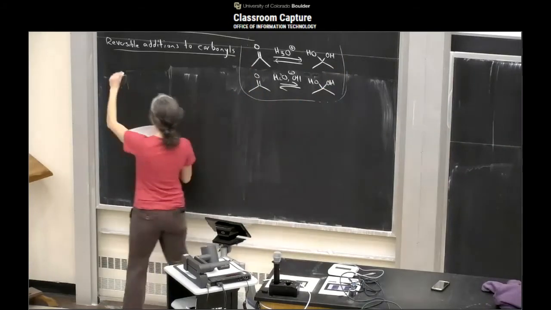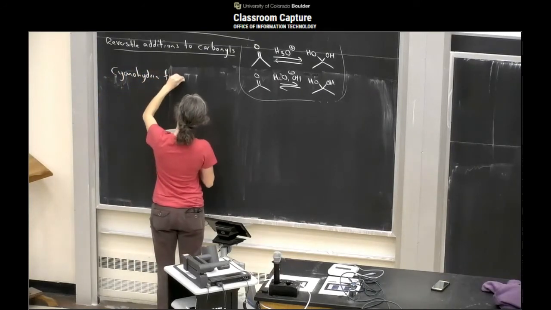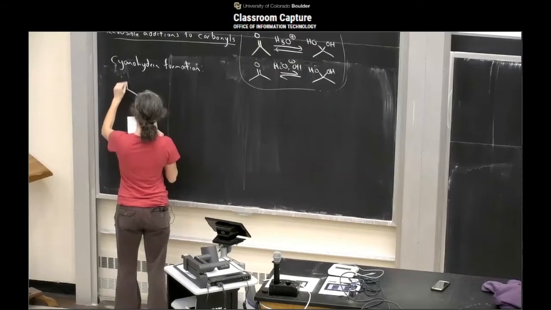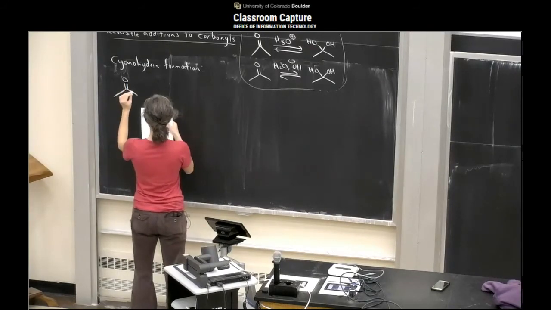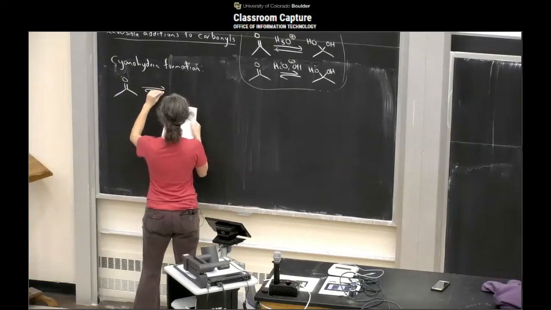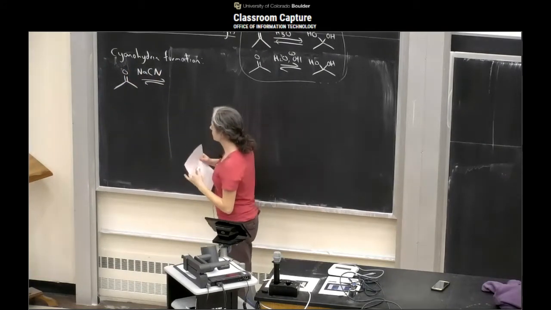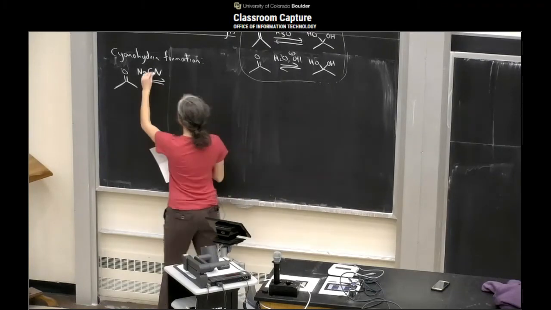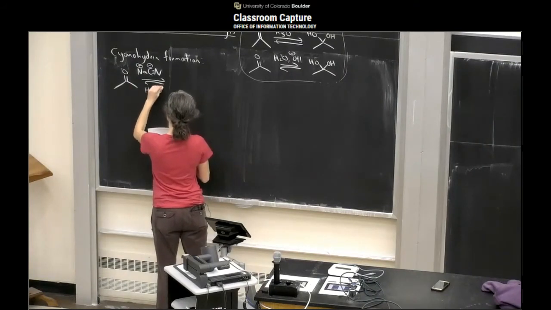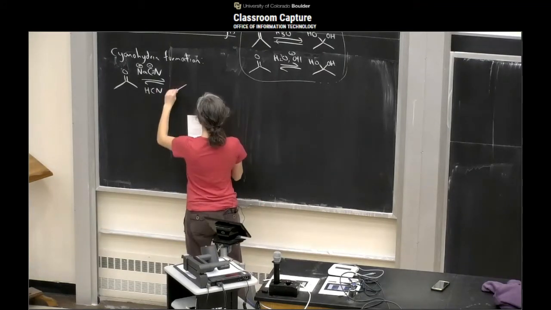We also started looking at cyanohydrin formation, where you take a carbonyl and you add some sort of cyanide source, so like Na+ C≡N− and HCN, and you can reversibly add CN to the carbonyl instead of OH.